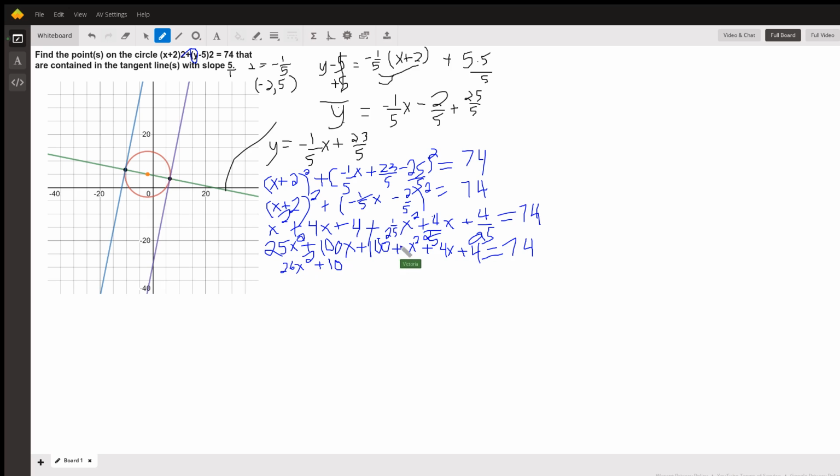I had 25x squareds and 1x squared. So this is 104x. And this is 104.